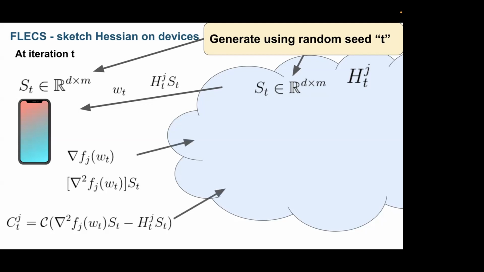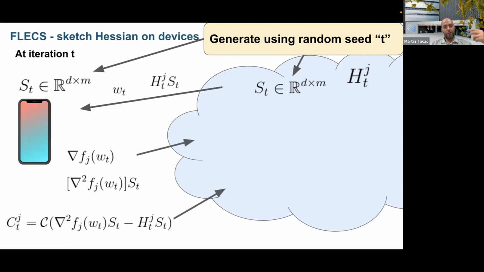To see why this is important and why you don't lose symmetry, it's the way I update the H on the server, right? After I receive these gradients, I need them to compute the average of the gradients, basically the right-hand side for the Newton system. Also, I need to update this H, right?